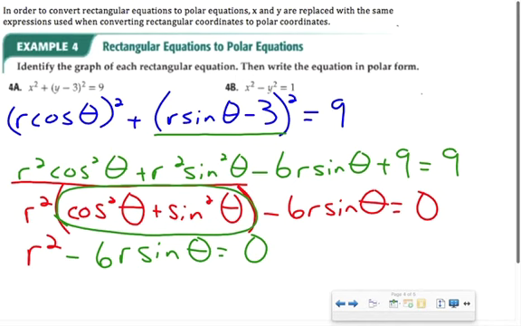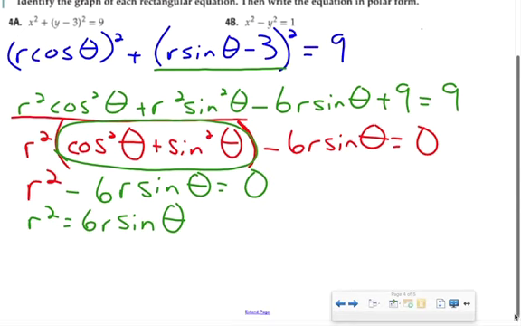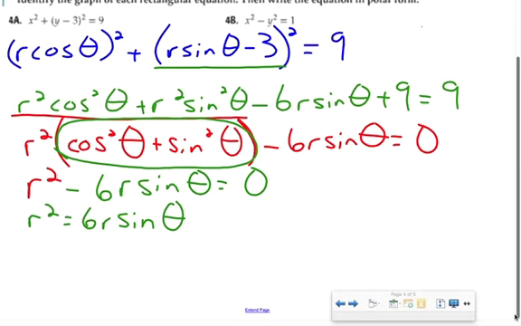From here, I can move the 6r sine theta to the right-hand side and get r squared equals 6r sine theta. And what we're allowed to do here is divide both sides by r and get that r equals 6 sine theta.